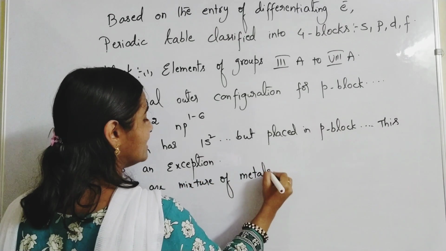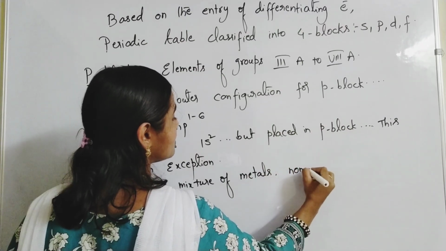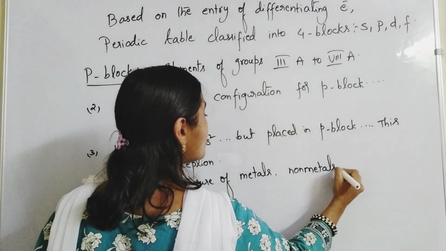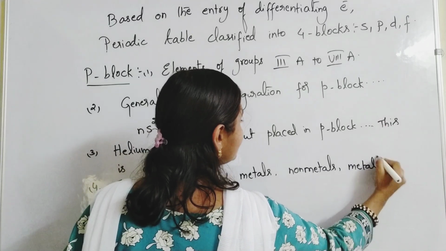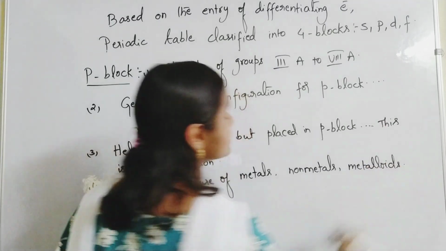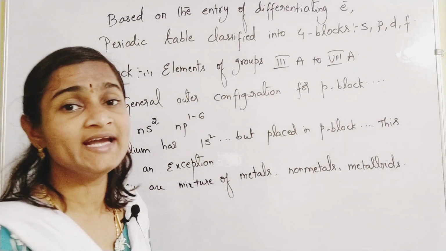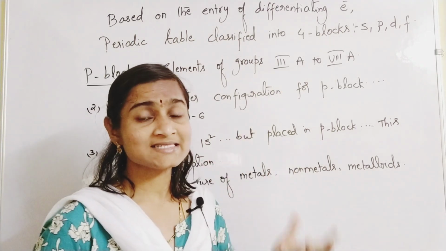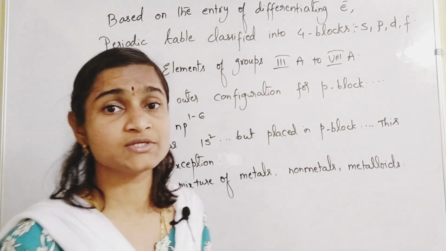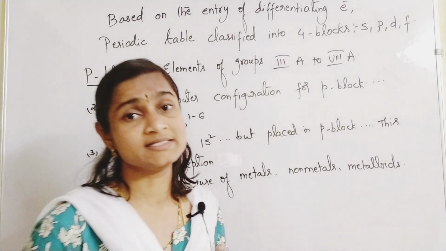Both are there. Metals are there, non-metals are also there. Metalloids are also there. That means in this P block you will find some metals, some non-metals and even metalloids. I think you know about metalloids.